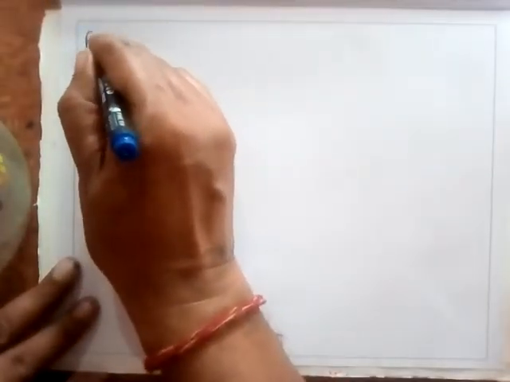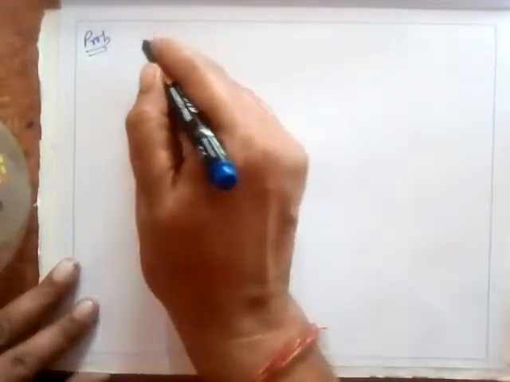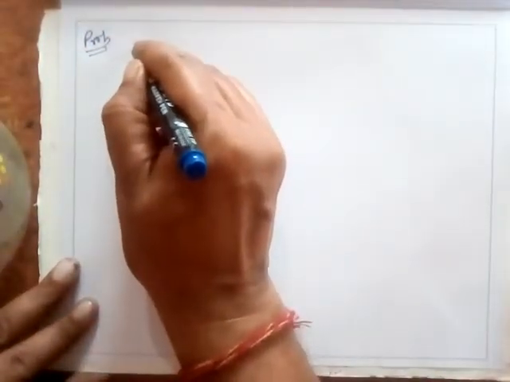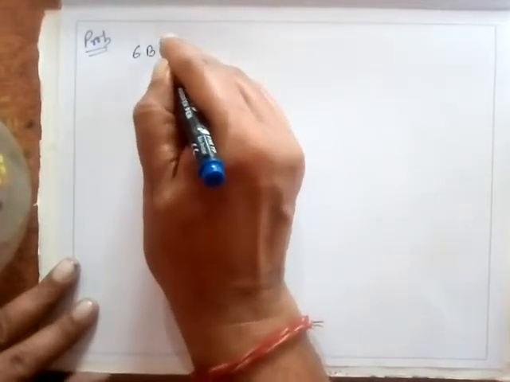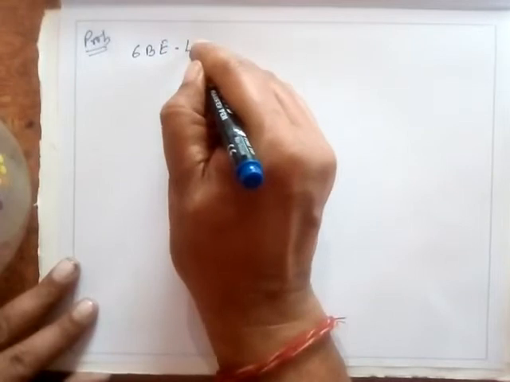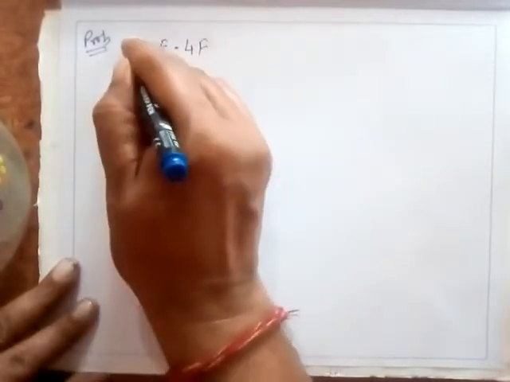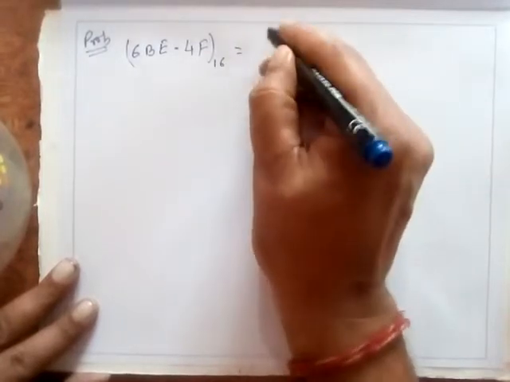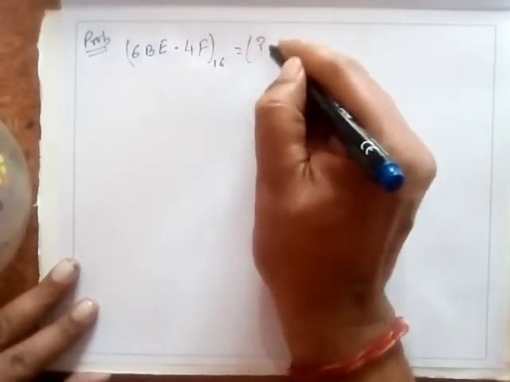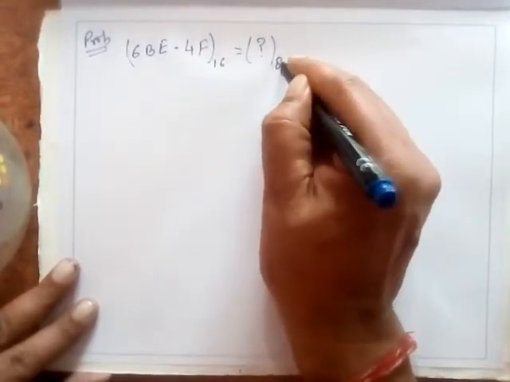Let's take another problem where we have to convert octal to hexadecimal or hexadecimal to octal. Suppose I have a hexadecimal number, 6BE.4F, in base 16, and I ask how much this number is in base 8.